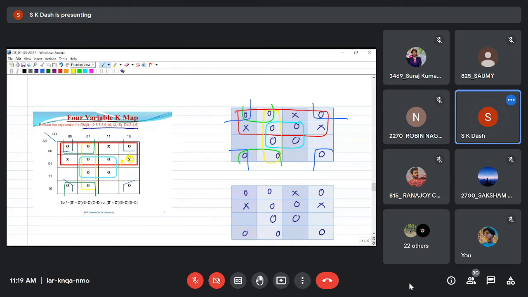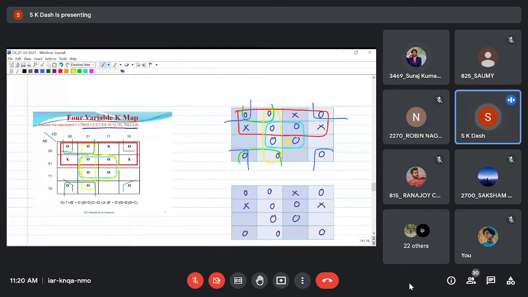Next, blue color quad, is it essential? Yes, sir. This quad, because of which 0? Because of this 0. This 0 cannot be covered using any other possible combination. Okay, so this combination is essential. Next, corner quad, is it essential?